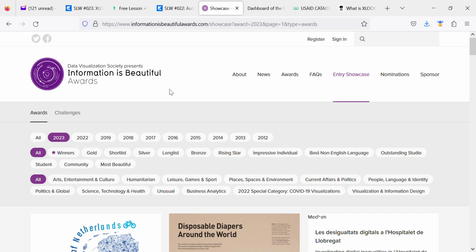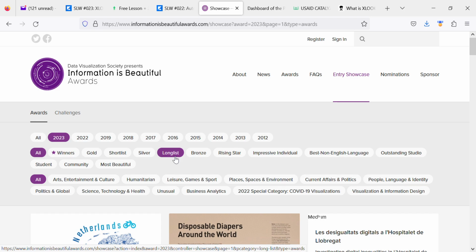The Data Visualization Society creates this award every year, starting from 2012 till now, and the winners, gold medalists, short list, silver, and long list are posted on its website.